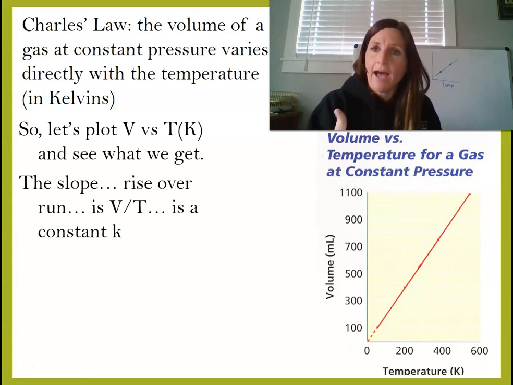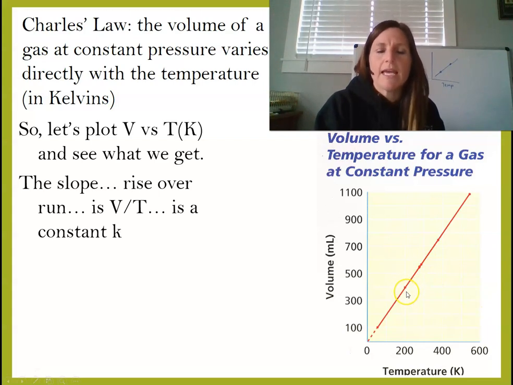Straight lines have a mathematical slope of rise over run, which you've probably heard in your math classes before. Now that means that the slope at a point right here is the rise divided by the run, okay? Rise over run. So we would do something like 400 divided by 200.